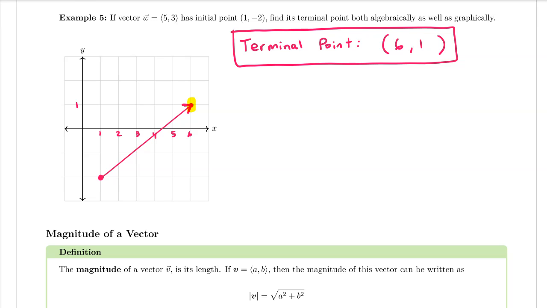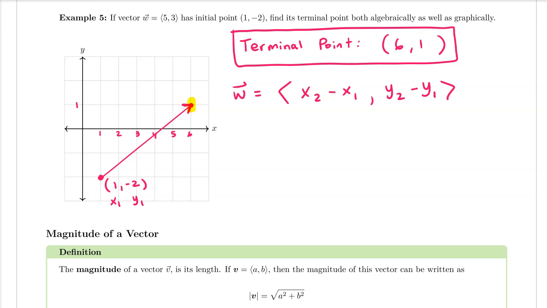So how would this work if we were doing this algebraically? Well, I know that vector w is equal to x2 minus x1, comma y2 minus y1. And we are given the initial point, which is here, and it's 1, -2. Because this is the initial point, this would represent x1 and this would represent y1.